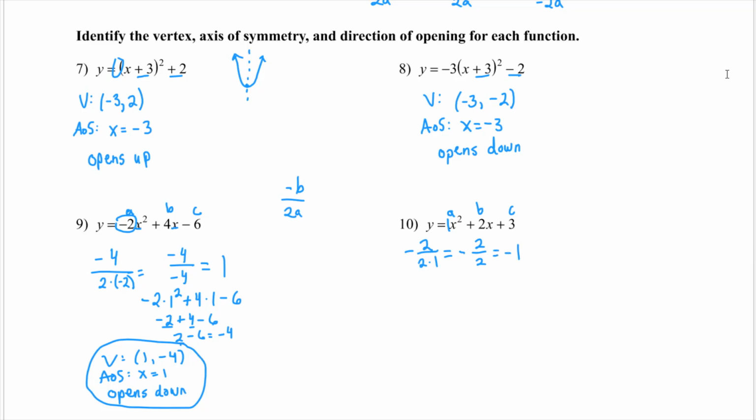I'm going to plug this -1 in to my parentheses, and if you are trying to plug this into the calculator, or even if you're doing it yourself, it's really important actually for you to think about that I'm squaring a negative number and what that does.